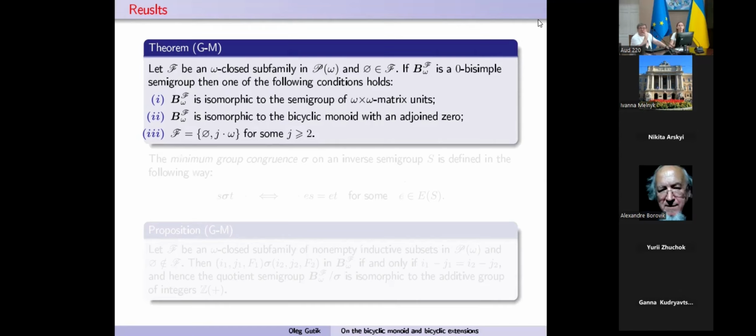The following holds in only three cases, there are no other cases: either B omega F is isomorphic to the semigroup of omega matrix units; or B omega F is isomorphic to the bicyclic monoid with adjoined zero; and the family F consists of the following: the empty set and g multiplied by omega for some g greater or equal to 0.